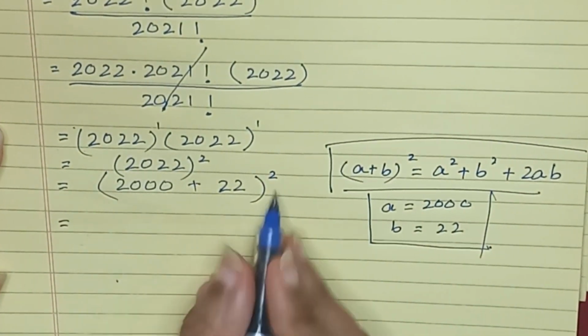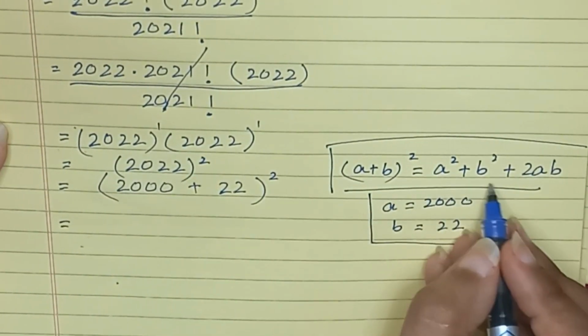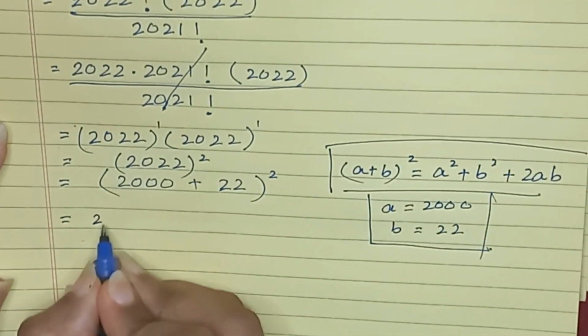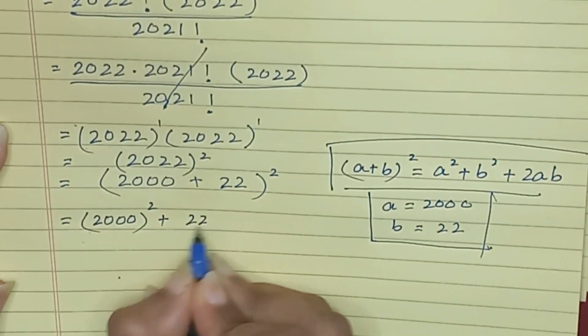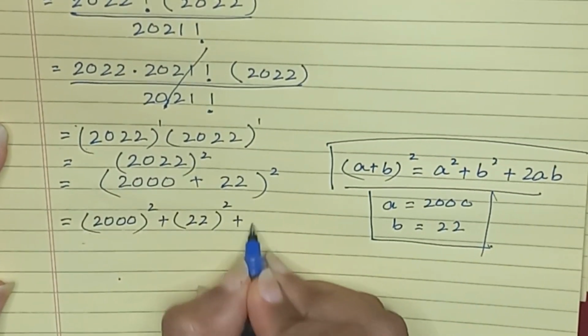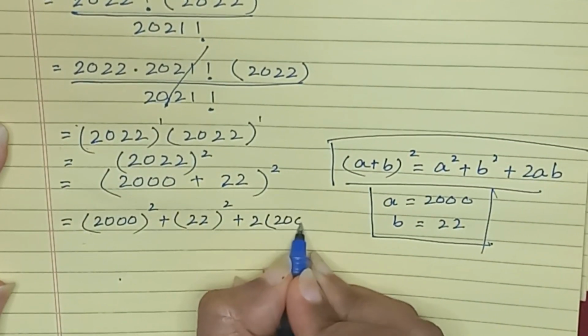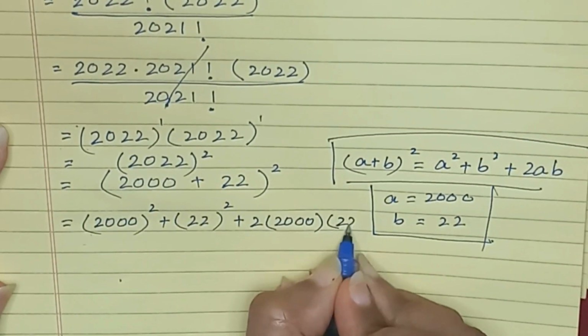So we will open this formula as a square plus b square plus 2ab, so it will become 2000 square plus b square, meaning 22 square, plus 2 into 2000 into 22.